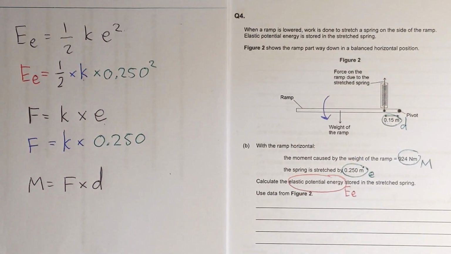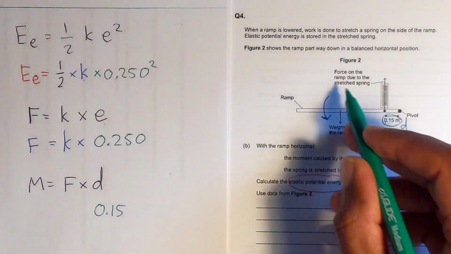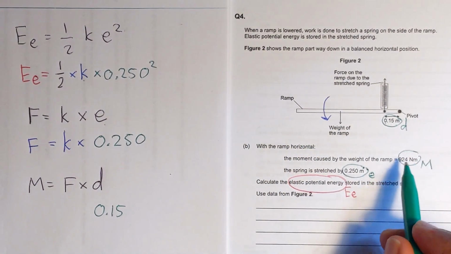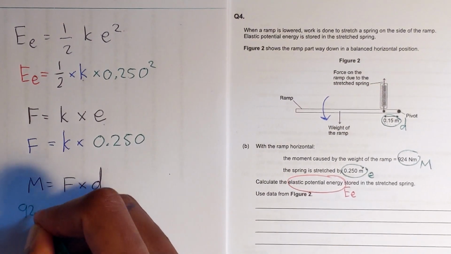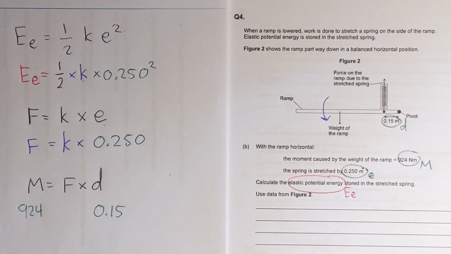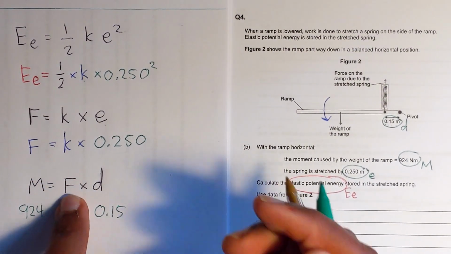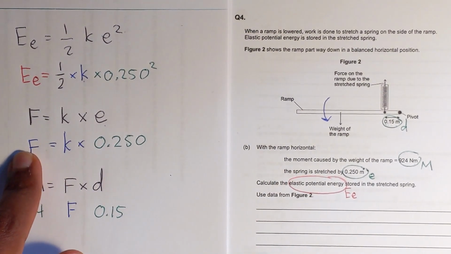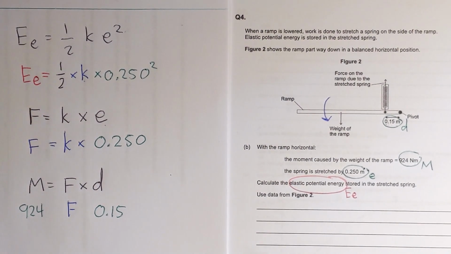Our perpendicular distance is 0.15. The anti-clockwise moment is 924 Newton meters. And our force F is of course unknown. That's the reason we're using this equation, to try and find the value of F so that we can find the value of K to put into the original equation.